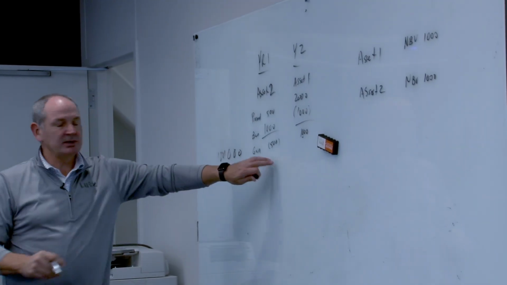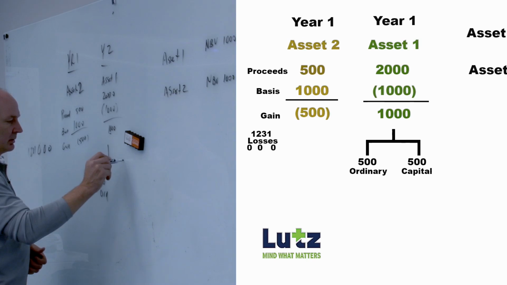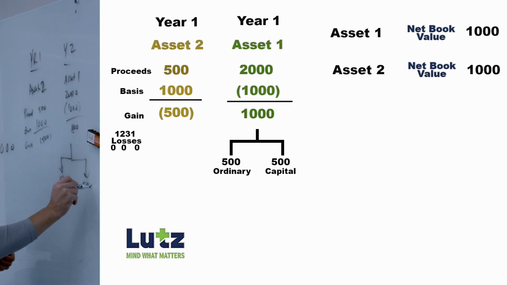So my population of 1231 losses in the past 5 years is 500. To the extent I have a current year 1231 gain, I have to characterize that gain as ordinary to the extent of the prior year loss. So this 1,000 is 500 ordinary and 500 capital.